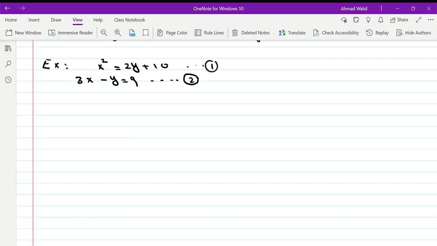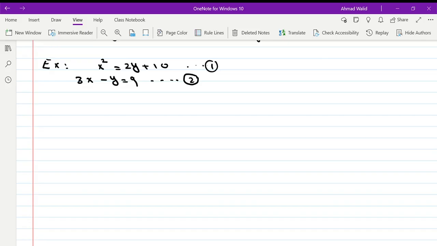If they give you one nonlinear equation and one linear equation, always try to use the substitution method. Correct? Make a note: for a system where one equation is nonlinear and the other is linear, the best and quickest way to solve the system is the substitution method.